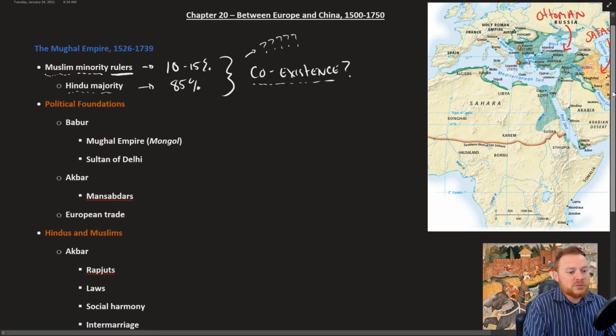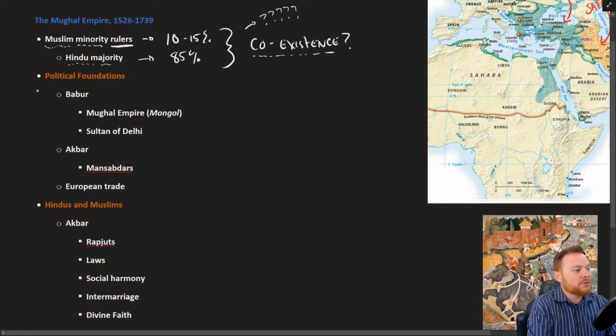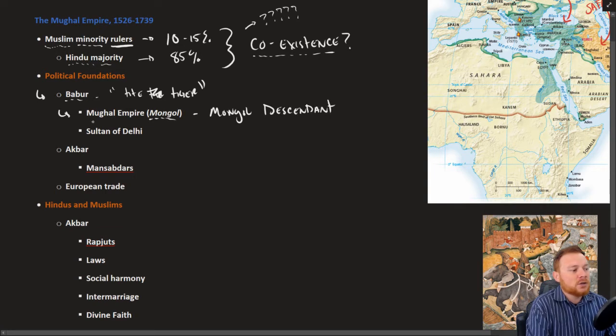Now, the foundations for the empire are created with Babur, sometimes called the Tiger, as his nickname was. And the original Mughal rulers were Mongol descendants. In fact, the word Mughal is simply the Persian word for Mongol, so very much based off of that history of conquest that the Mongols had.